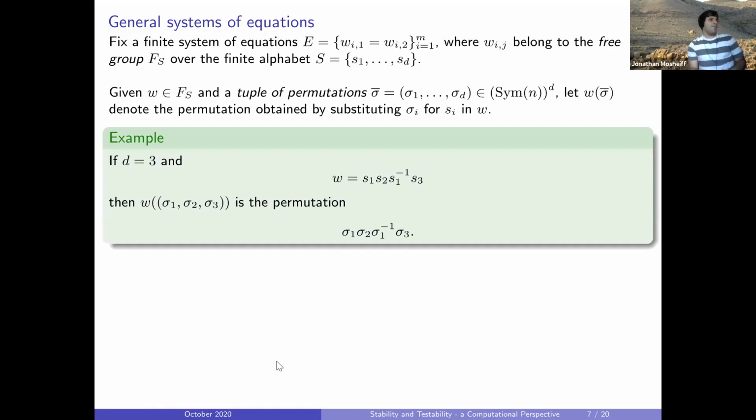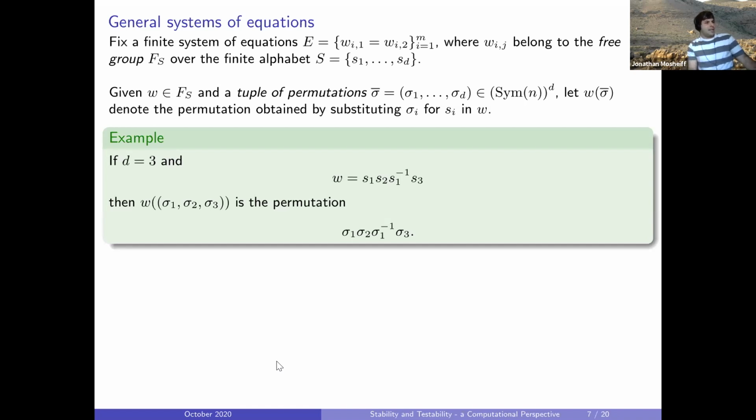Given a tuple of permutations, we want to say what it means that this tuple of permutations satisfies the equation. In order to do this, we need to be able to somehow substitute a tuple of permutations into the words wi1 and wi2.